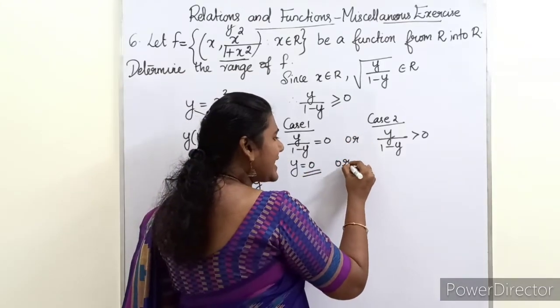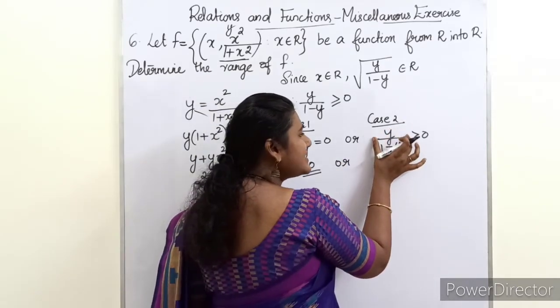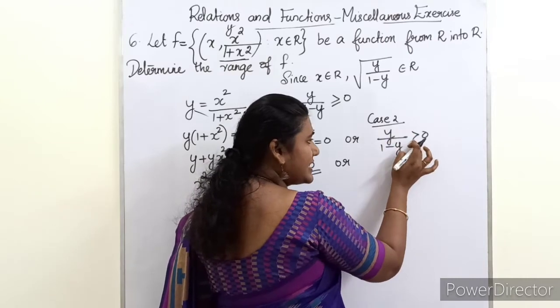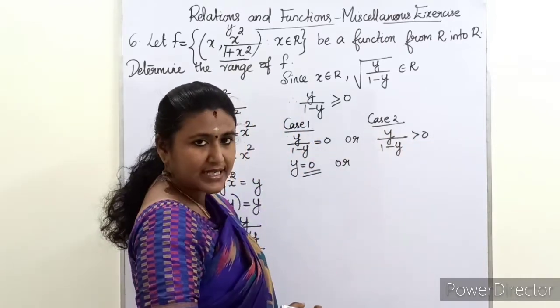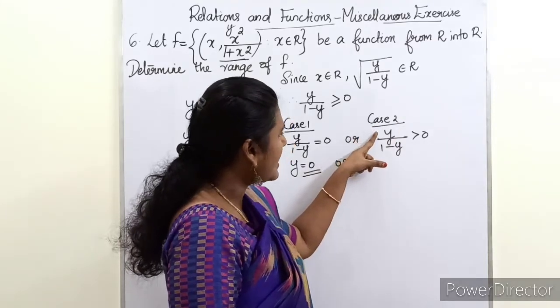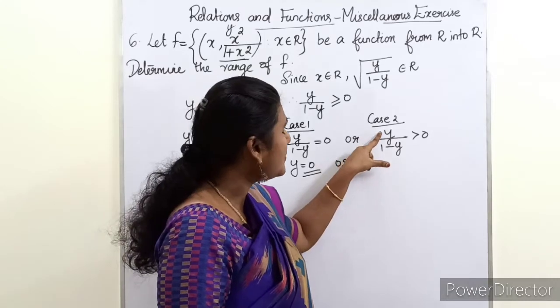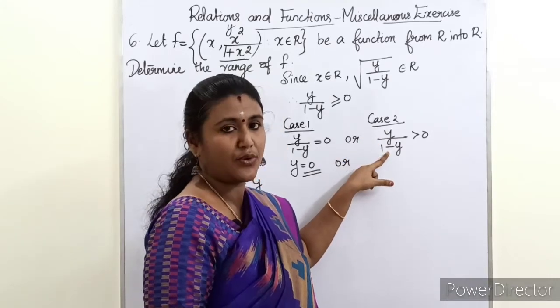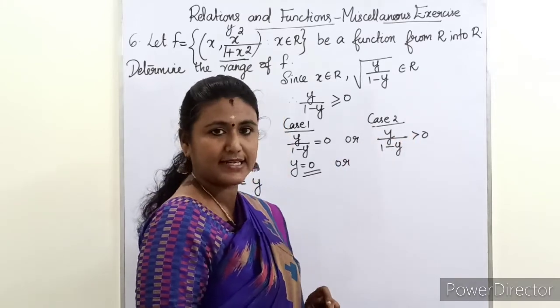Or the second case, now we will see here second case, it is given that this expression is greater than 0. When this expression can be greater than 0, two cases are possible. When both numerator and denominator are greater than 0, or numerator and denominator less than 0. In these two cases, when you simplify, this expression will be greater than 0.